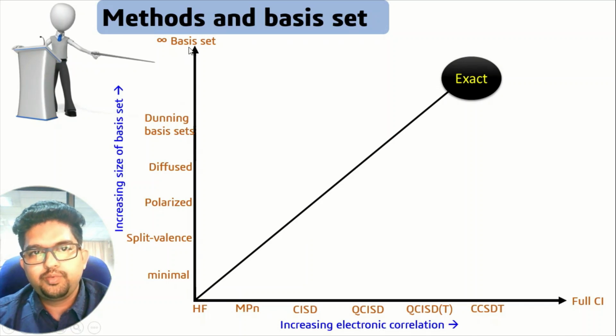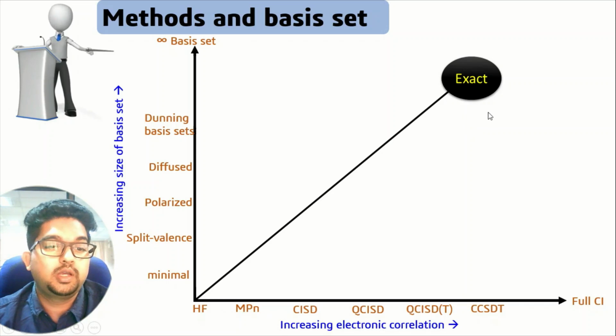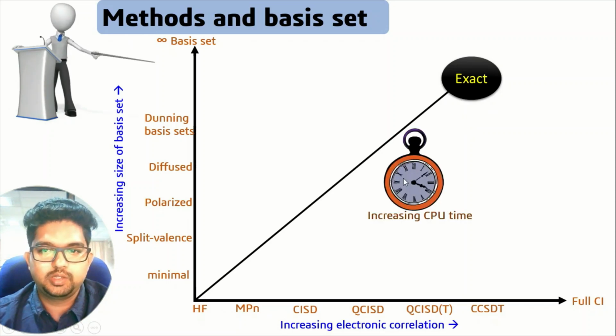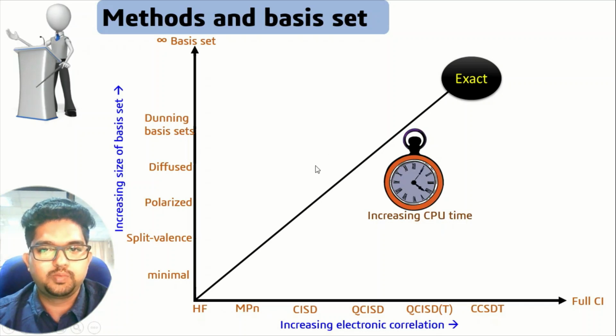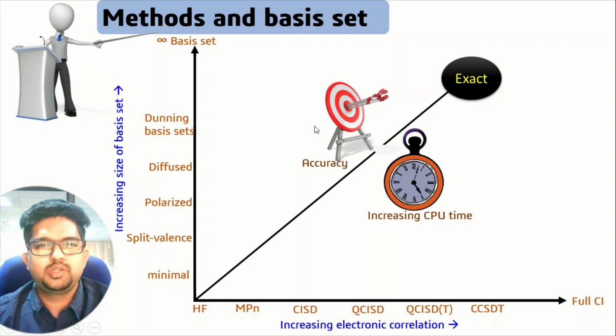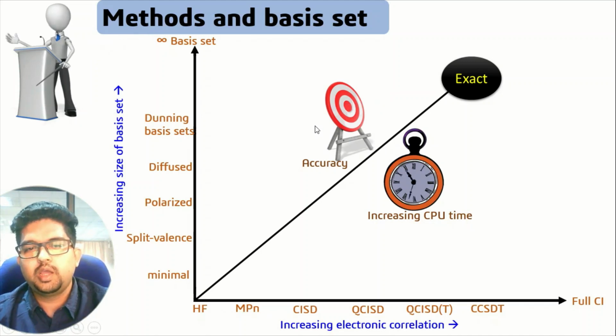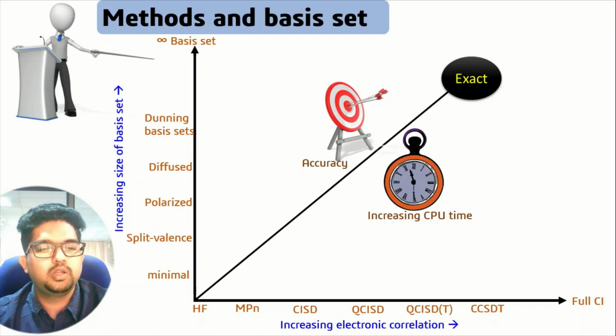So if you use an infinite basis set and full configuration interaction, you will get the exact energy of the system. But at the same time, it will take lots of CPU time, while accuracy will increase. So this is just a basic idea. When you increase the basis set, the level of theory or the electronic correlation, you'll get a better energy of your system, right?